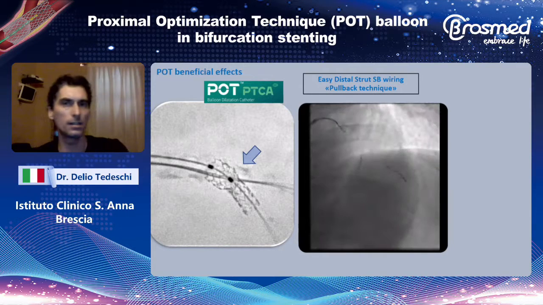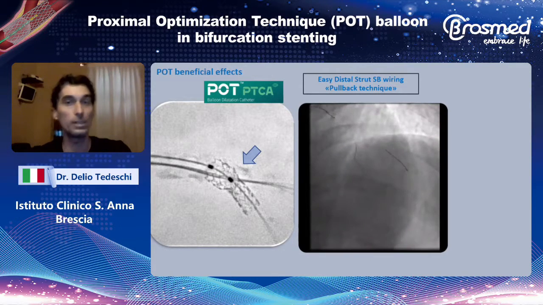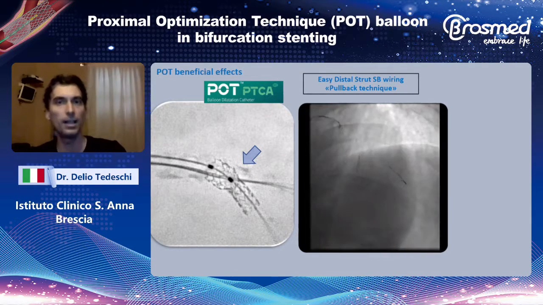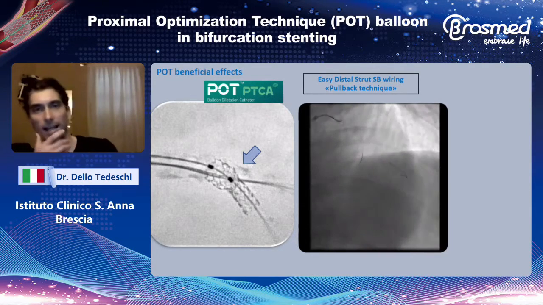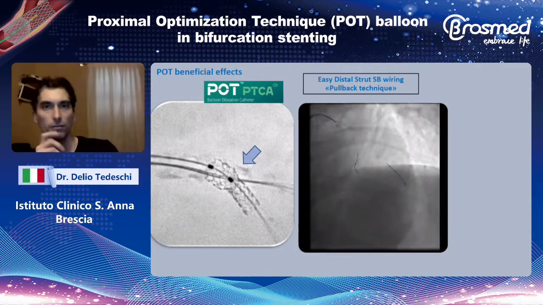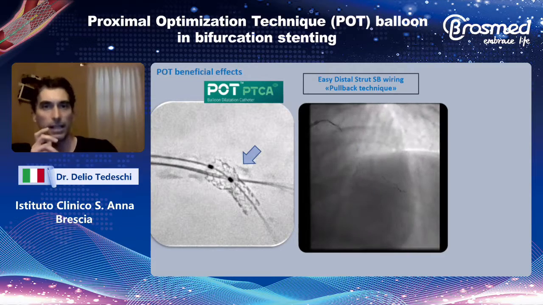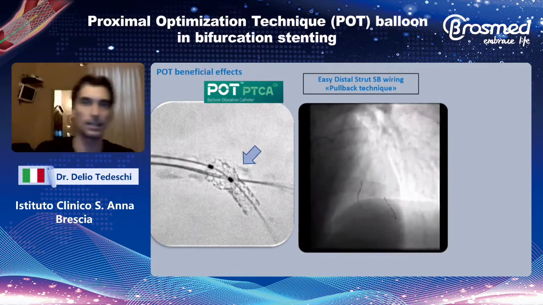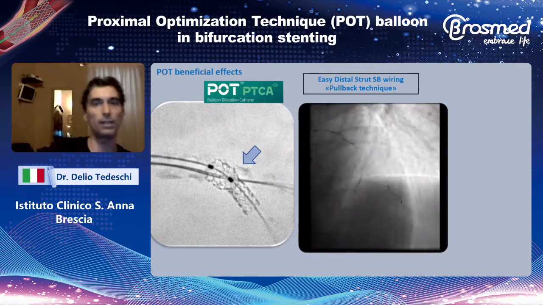We can see this is a normal workhorse with the same shape I used for crossing the LAD, and this is the real-time crossing at the level of the distal strut, something like 50 seconds, and the wire crossed the distal strut very easily, we can see here.